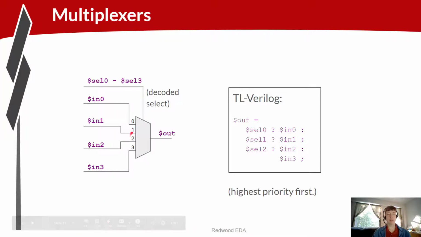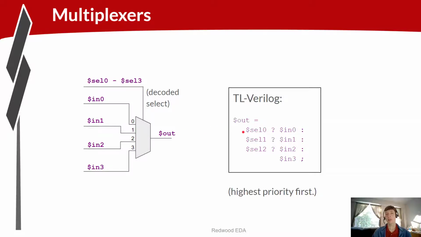And I should grab my cursor highlighter. So in this case, we have 4 select bits, and one of them should be asserted. And based on the one that's asserted, we're going to select the corresponding input, which could be a single bit or a vector, and drive that as the output.